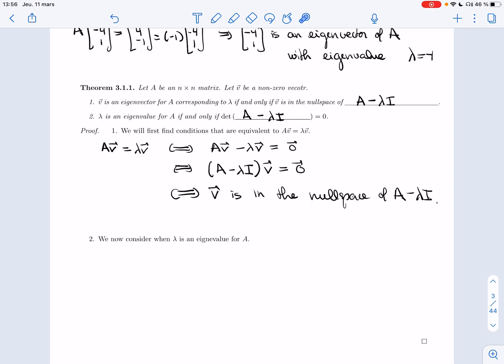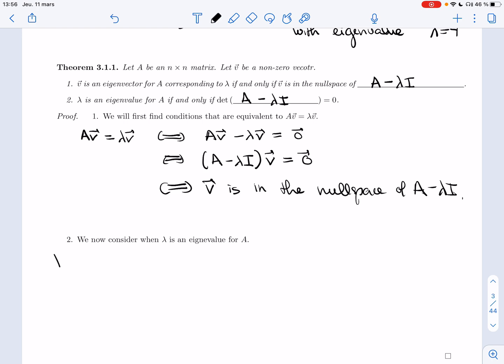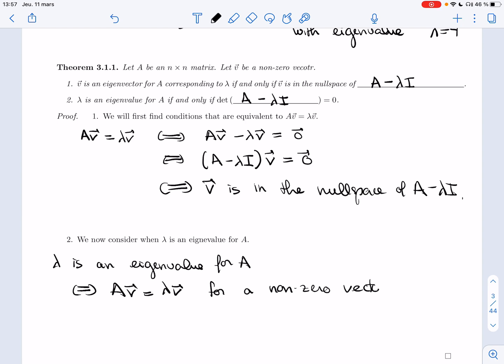All right, so we now consider when lambda is an eigenvalue for A. So let's see, lambda is an eigenvalue for A if and only if AV equals lambda V for a non-zero vector V in Rn.